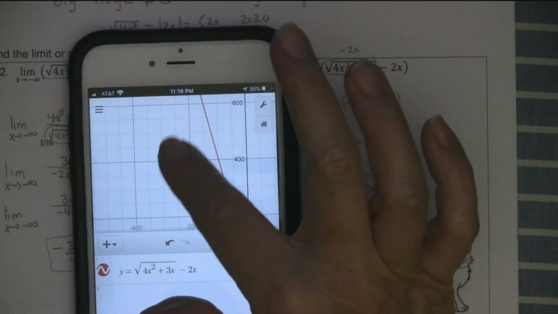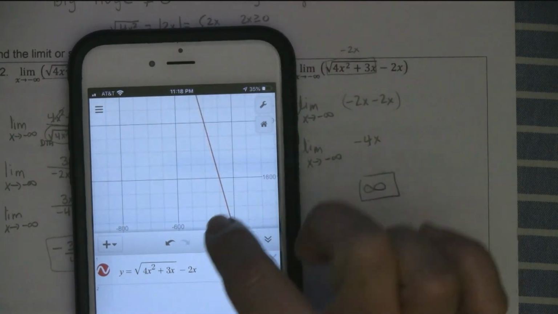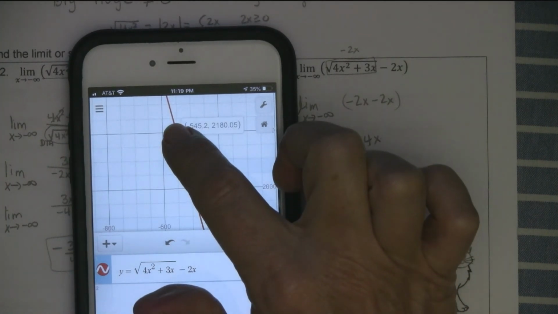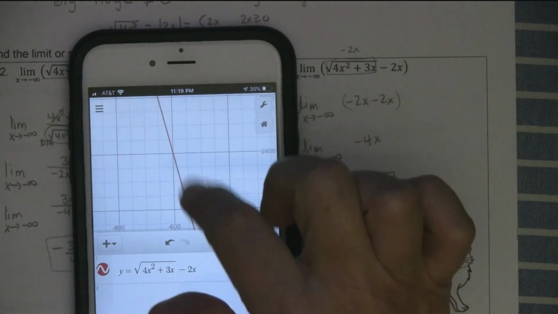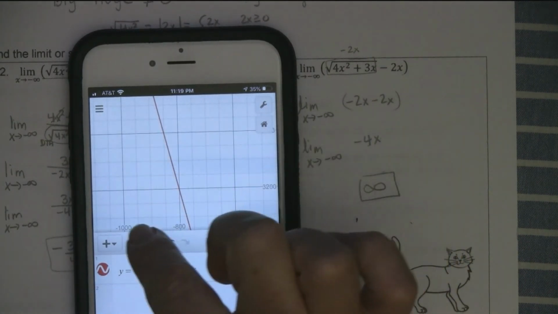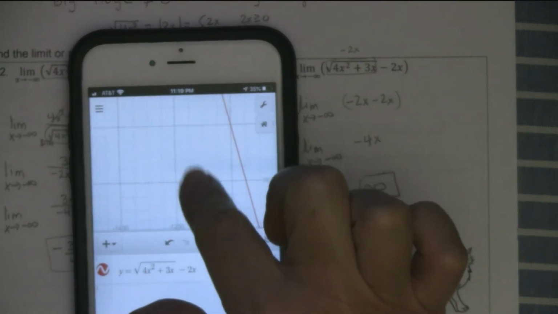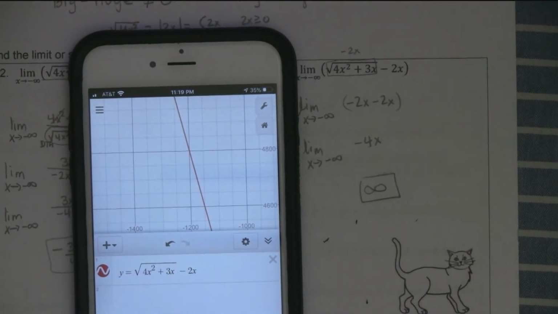And you can see that it's just going through the roof. I'm only at negative 600, and I'm already up here at 2,880, whatever, and as I keep going to negative infinity, it's just going higher and higher. It's going to positive infinity, like I said.